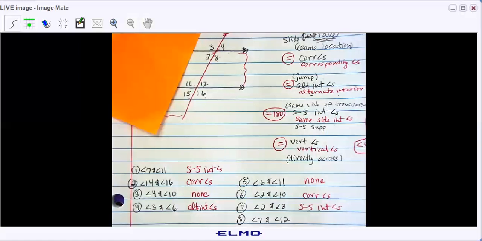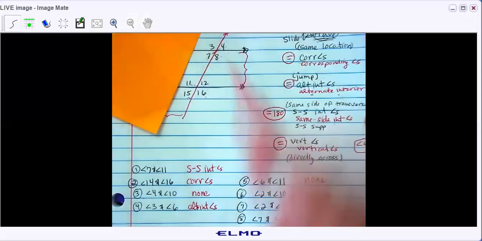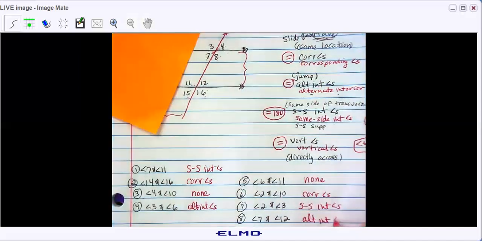So are they interior angles or not? I think they're interior, or alternate. Very good. Yep, alternate interior. Because they're between the two parallel lines and they jump over the transversal. Nice. So alternate interior angles.